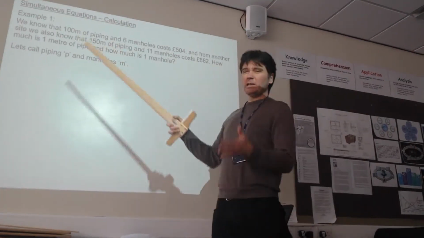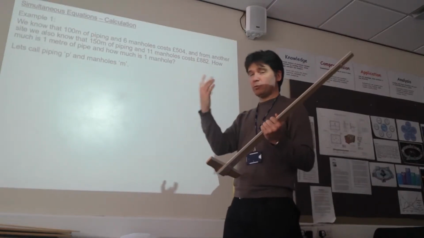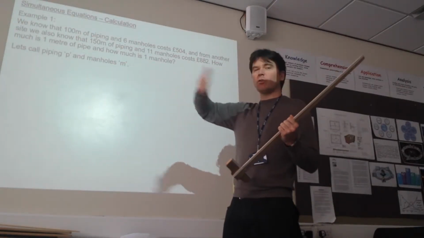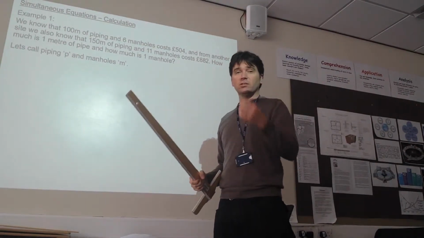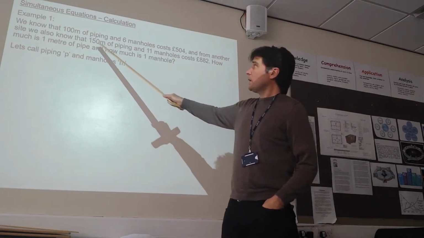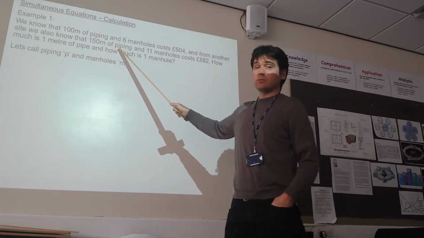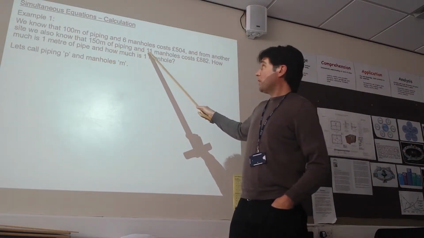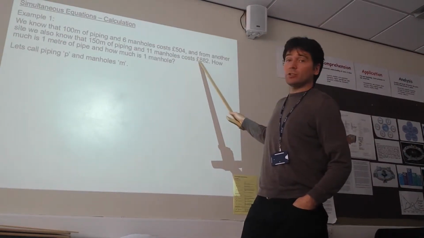So that's one kind of equation that we're getting from this, because mathematicians like to extract numbers from a question, get rid of all the question and just look at the bare numbers, the equation itself, because it's faster. There's also another equation in this. You've also got 150p, 150 pipes, and 11 manholes, 11m, equals 882.